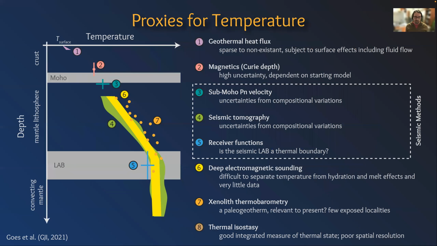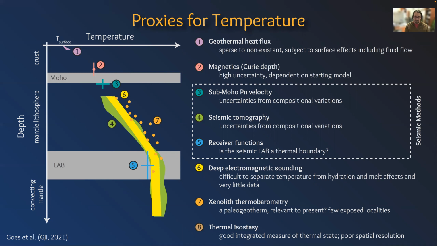So how do we improve these estimates? Well, there are a number of ways that we can get at temperatures within the lithosphere and then use them to estimate the surface heat flow. Of course, we can measure surface heat flow directly, but we can also use magnetic Curie depth estimates. There's a number of different seismic methods. You can use electrical conductivity.